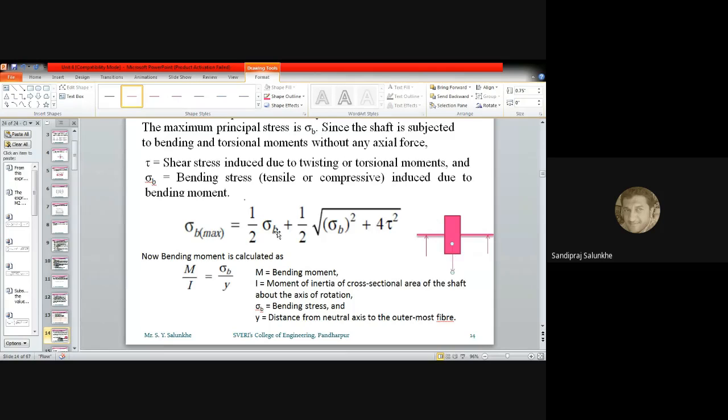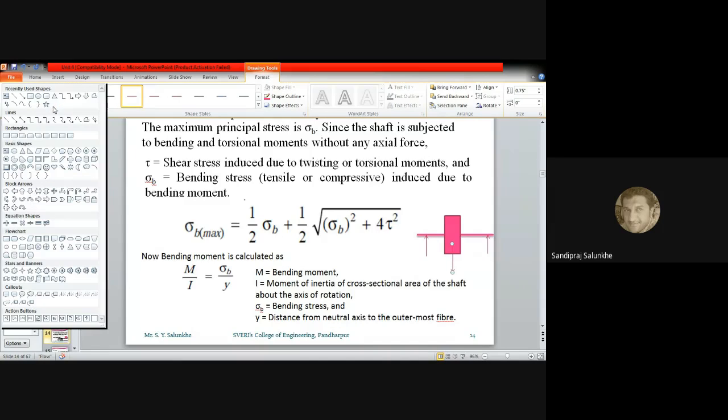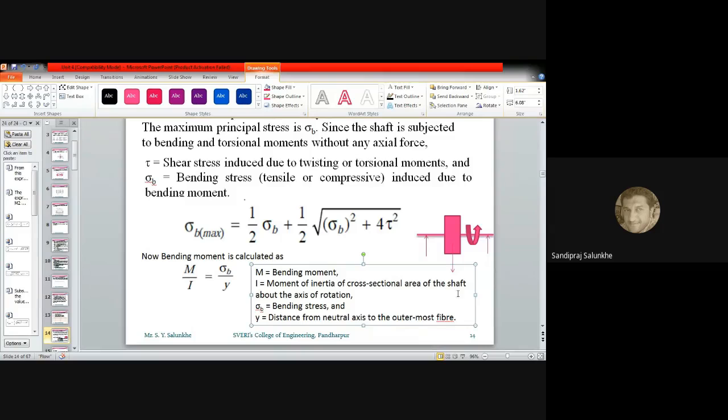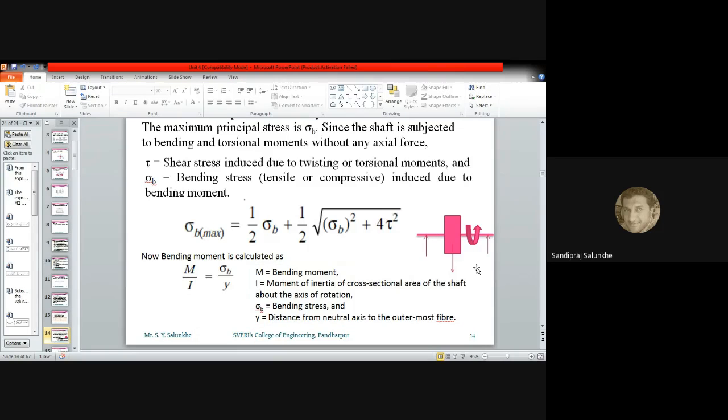And as we rotate this pulley, suppose it is rotating in this direction, then torsional stresses will also be generated. So these are the two basic stresses which will be induced in the shaft: one is bending, and the second is torsional.